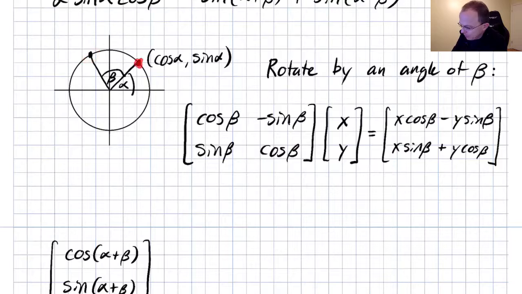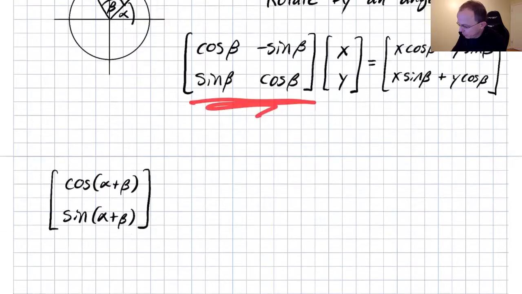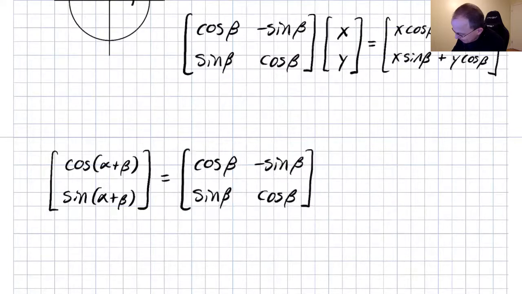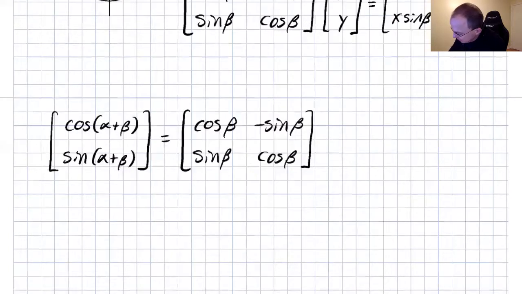So to go from here to here and rotate by an angle of beta, we just multiply by this rotation matrix. So this is going to be equal to this rotation matrix times the point that we're starting with, the (cosine alpha, sine alpha).